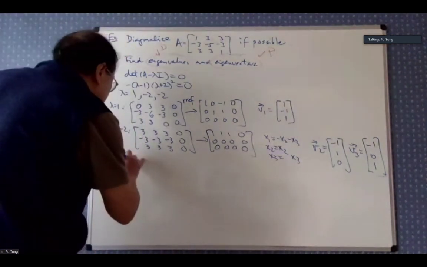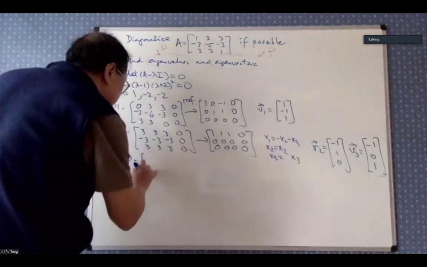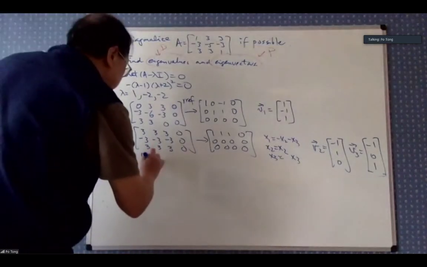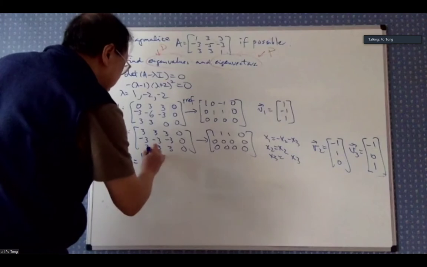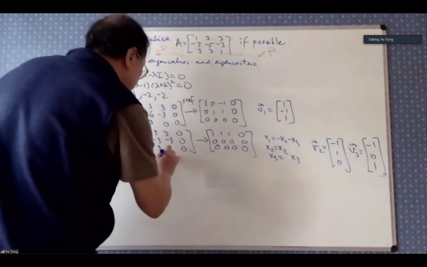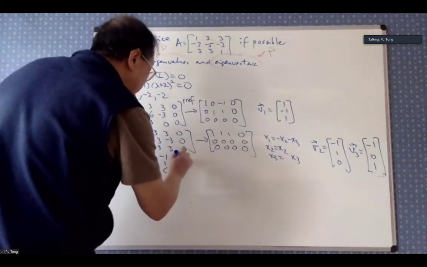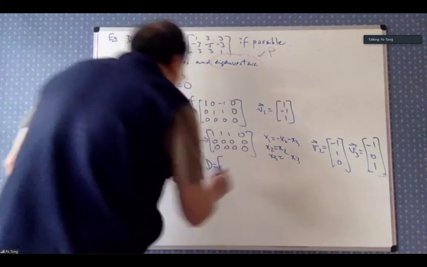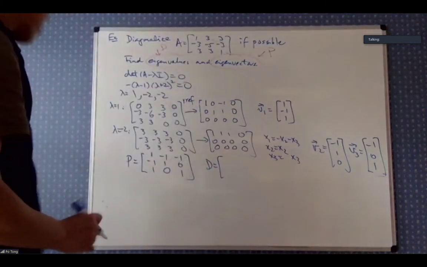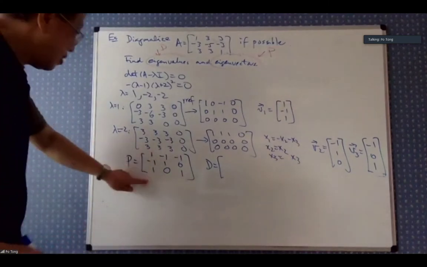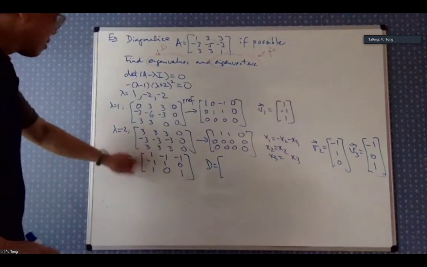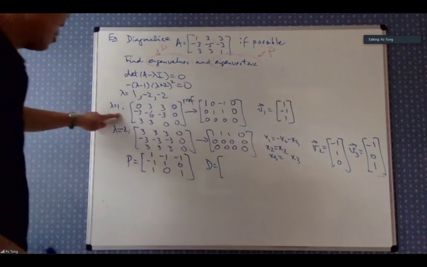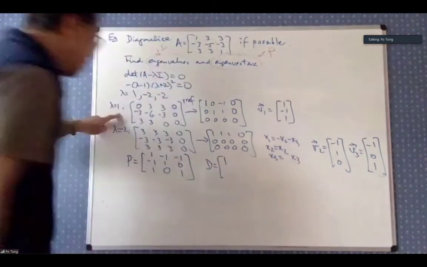So this is my P: 1, minus 1, 1, minus 1, 1, 0, minus 1, 0, 1. And my D: the first vector corresponds to lambda equal to 1, so I have lambda equal to 1 here.